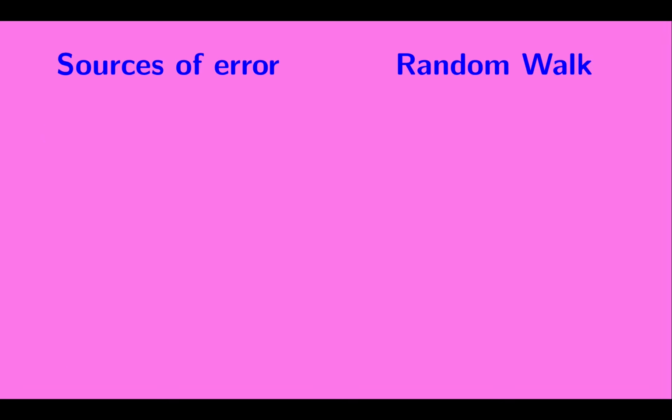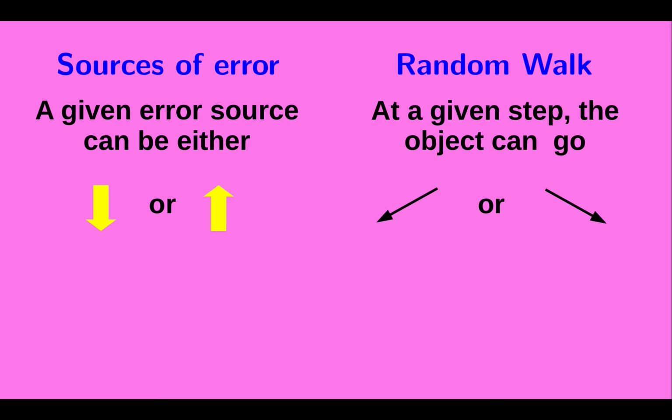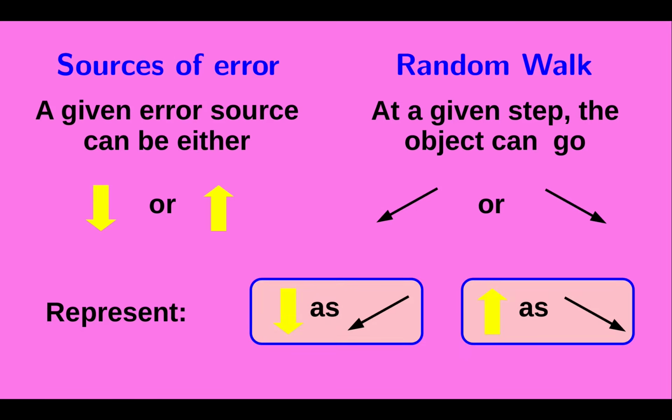Let's look at how this corresponds to a random walk. A given source of error can push Q measured up or down. At a given step in a random walk, the object can go to the right or left. So we're going to represent an error source that pushes Q measured down as a step to the left, and an error source that pushes Q measured up as a step to the right.